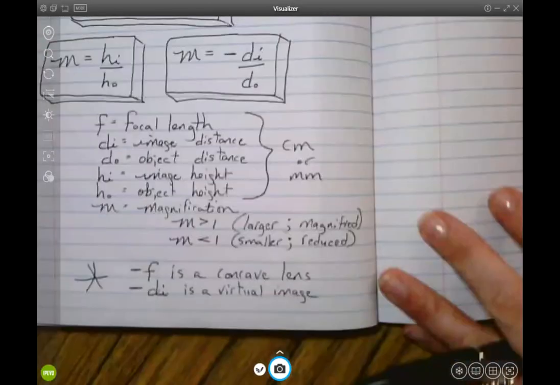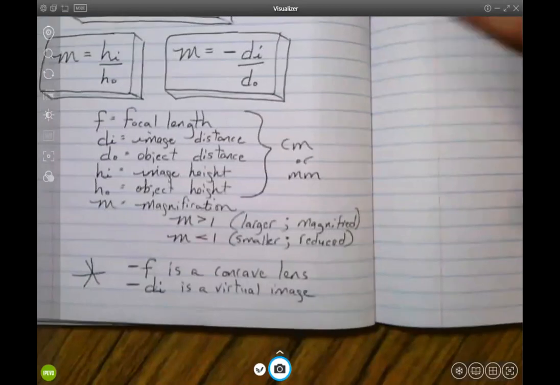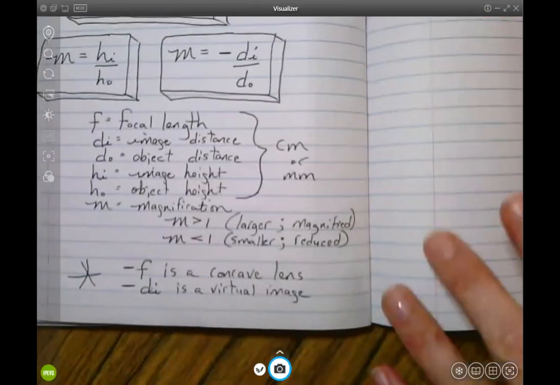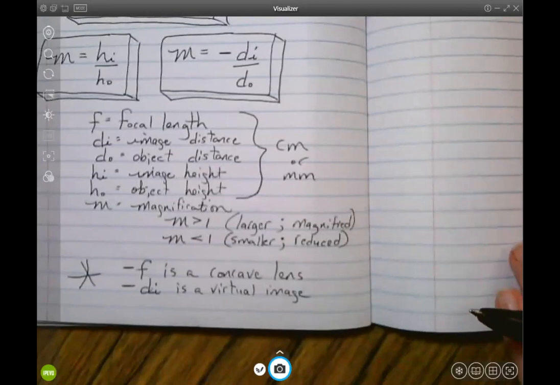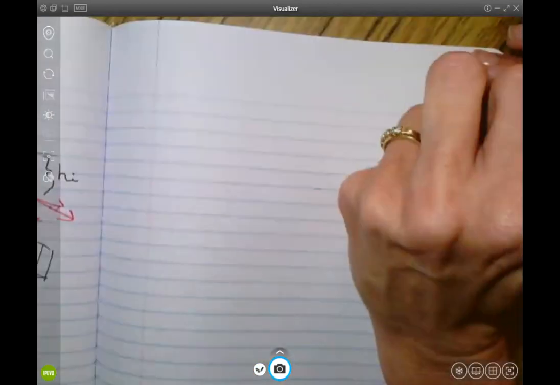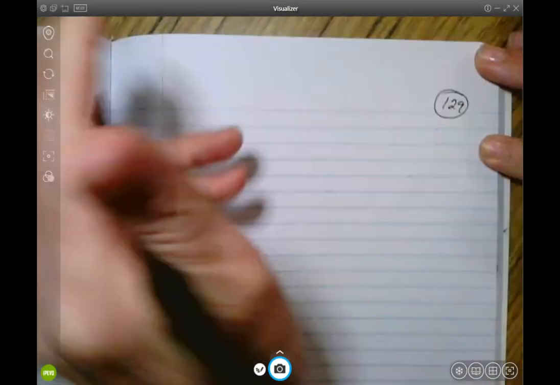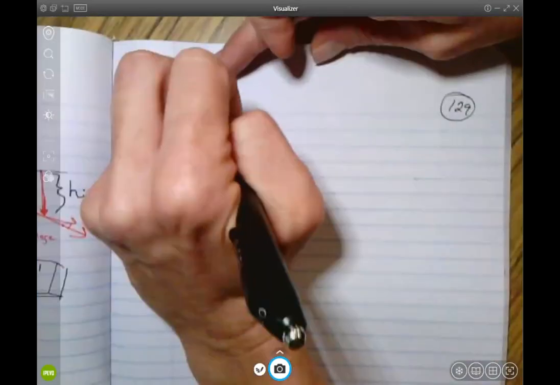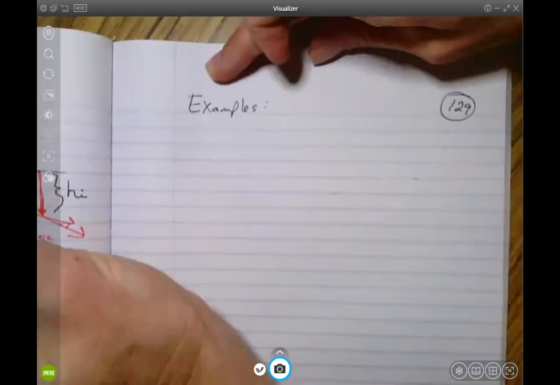Okay. Let's do a couple examples on page 129. Examples. Number 1.